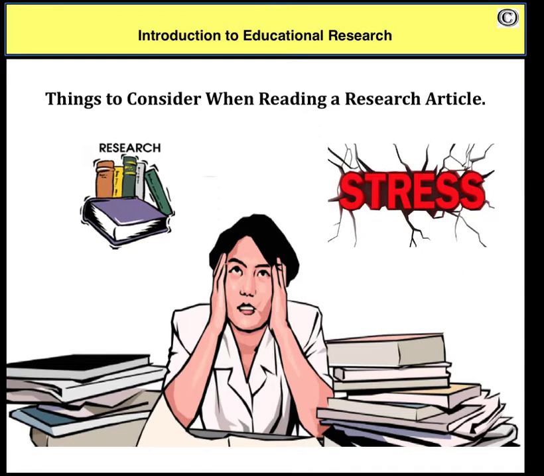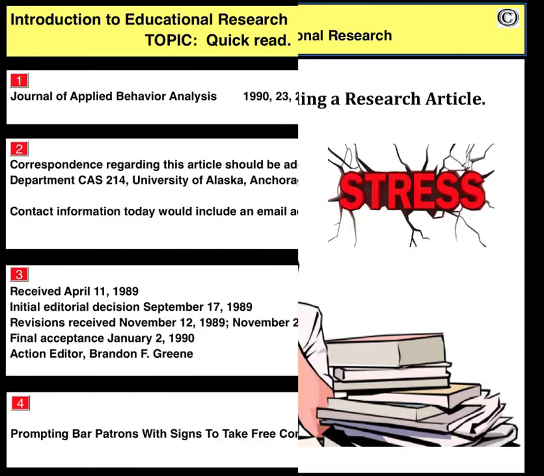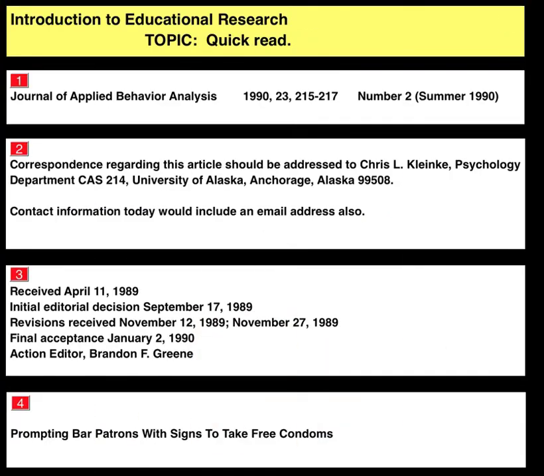At the end of this video, I'm going to ask you to write an evaluation of this research article that you have in front of you using the criteria presented in this video guide. So why don't we sort of get started? Again, you'll need a copy of the research article.